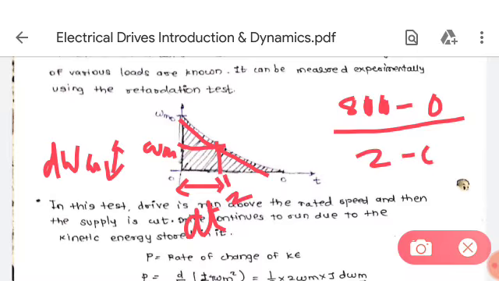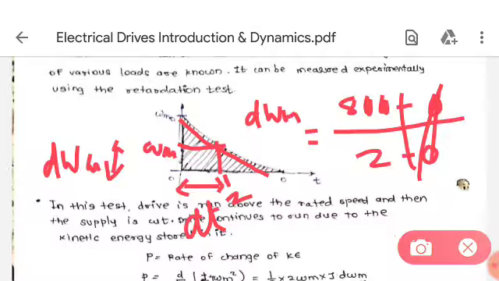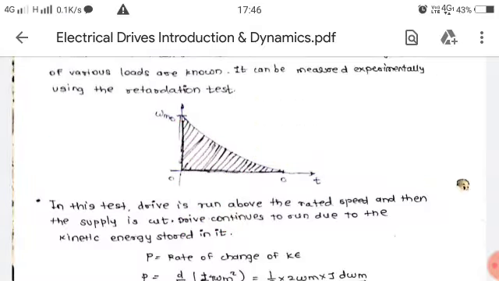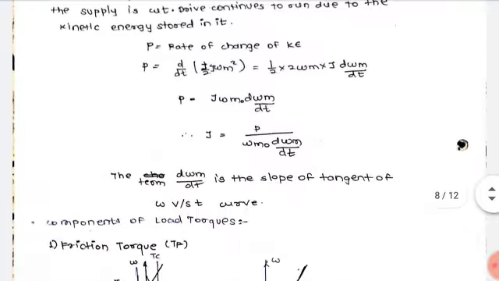So 2 minus 0, these are just zeros, so 800 by 2. So the value of d omega m by dt will be 800 by 2, that is 400. Okay, and omega m value is 800, like that. So you get these two values from the curve.